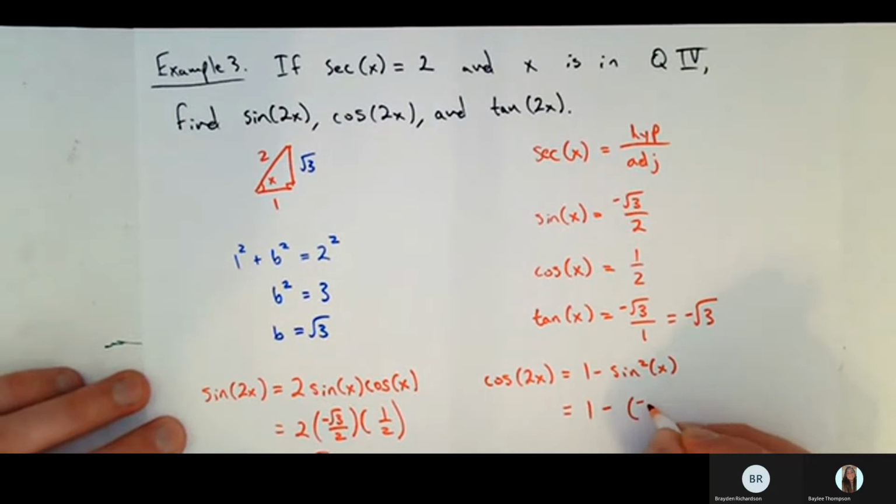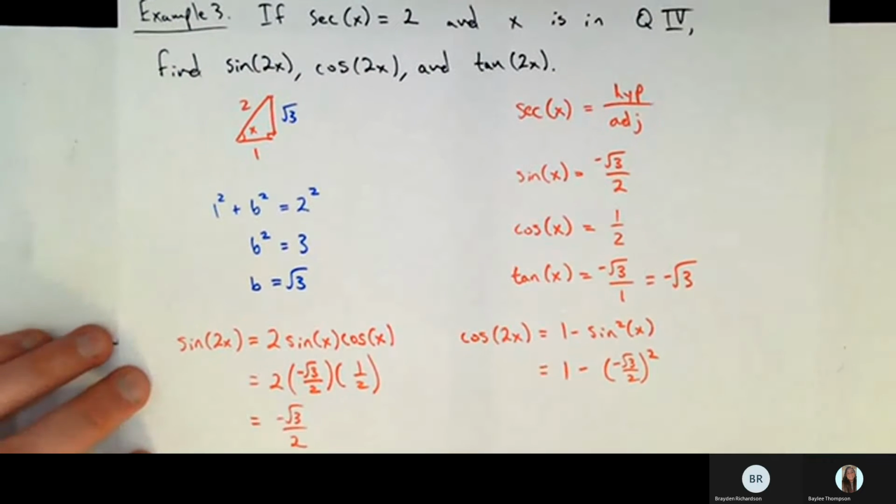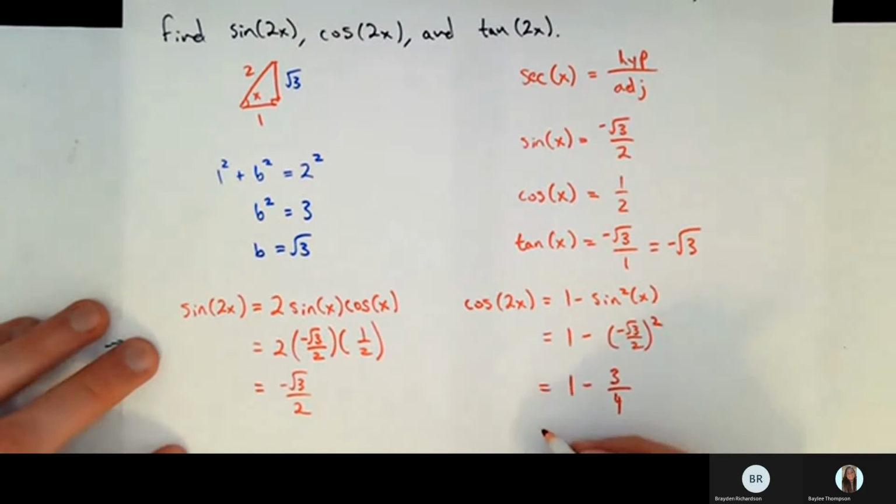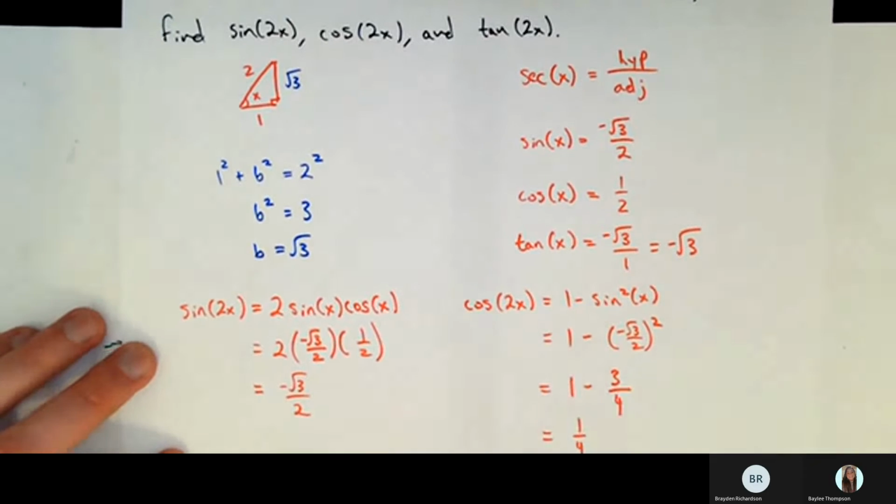Sine is negative square root of 3 over 2, and then I'm going to square it. So I'm getting 1 minus, the negative gets absorbed by the squaring, square root of 3 squared is 3, 2 squared is 4. So then I have 4 over 4 minus 3 over 4 is 1 over 4.